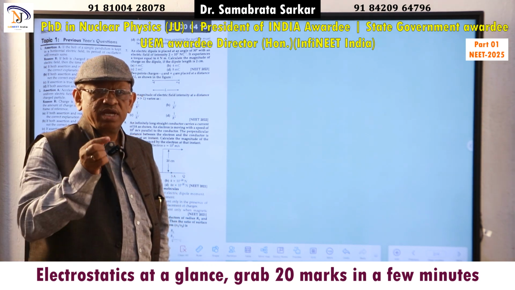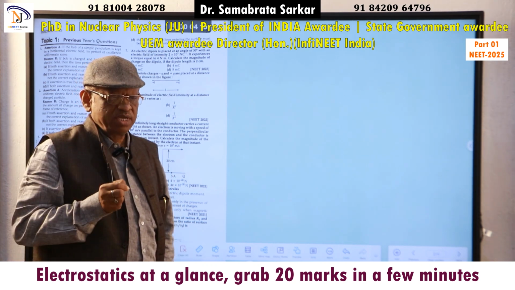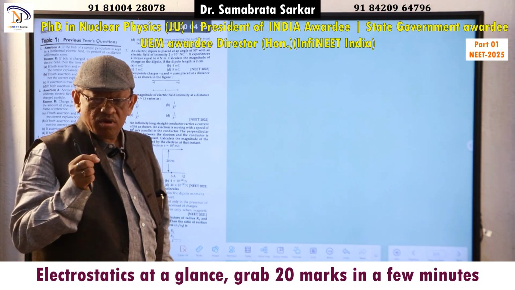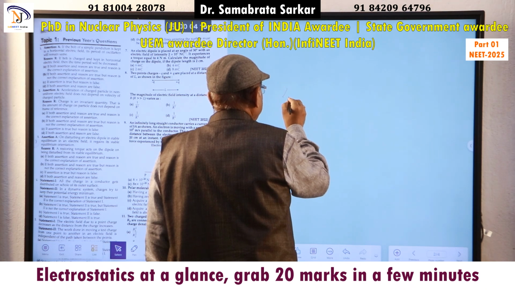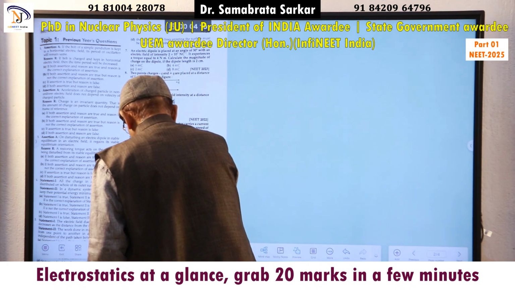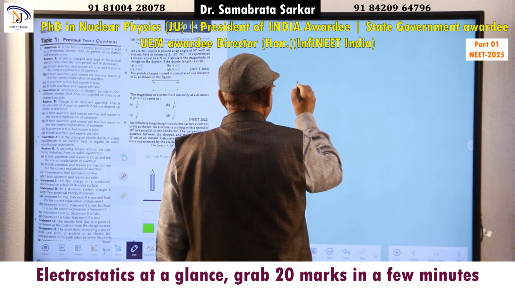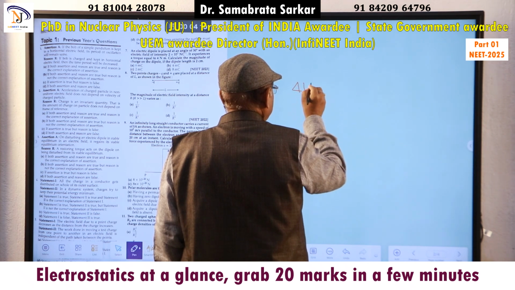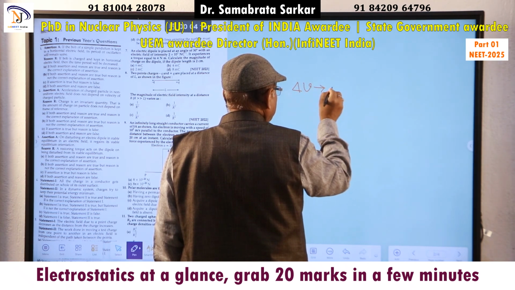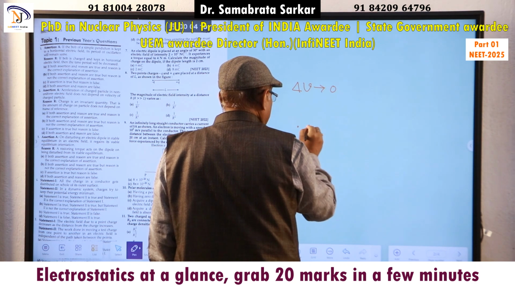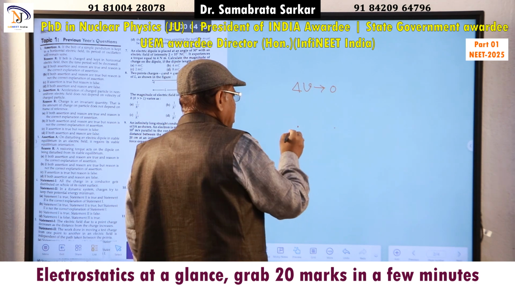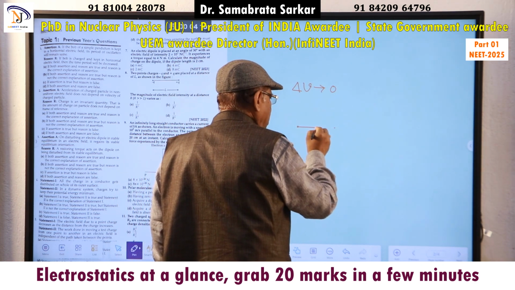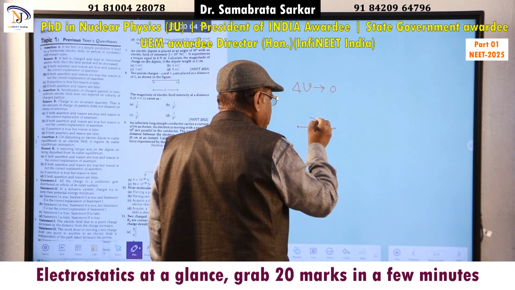A point charge means a charge whose dimension tends to 0. Two charges are at a distance apart.